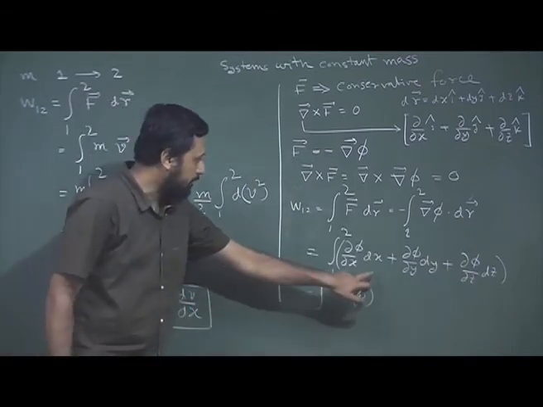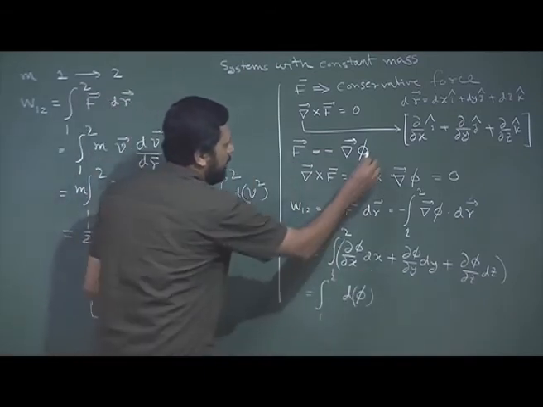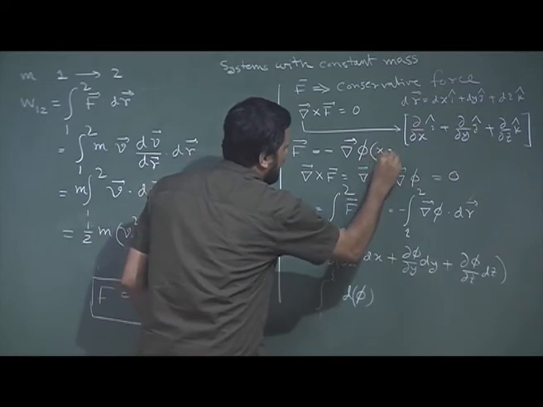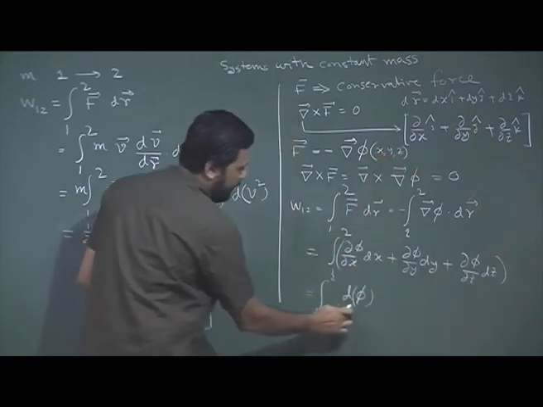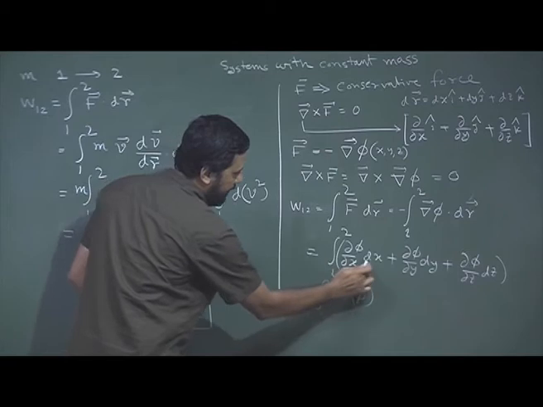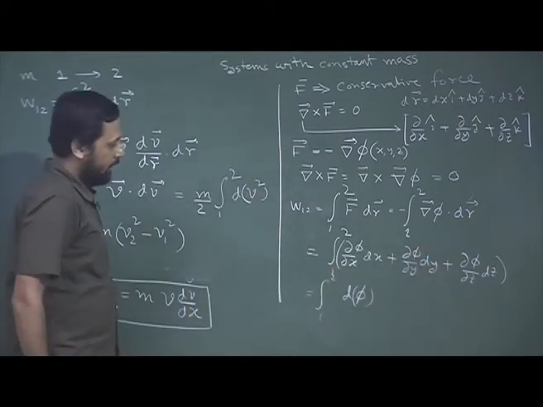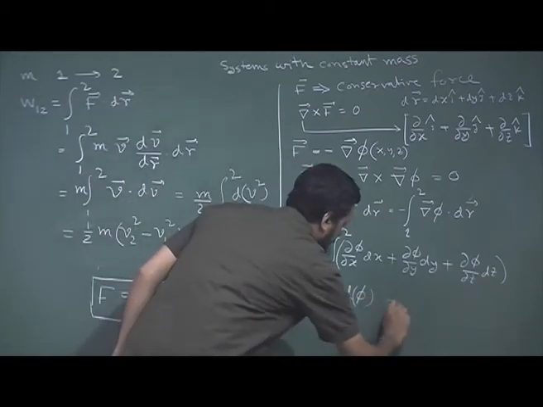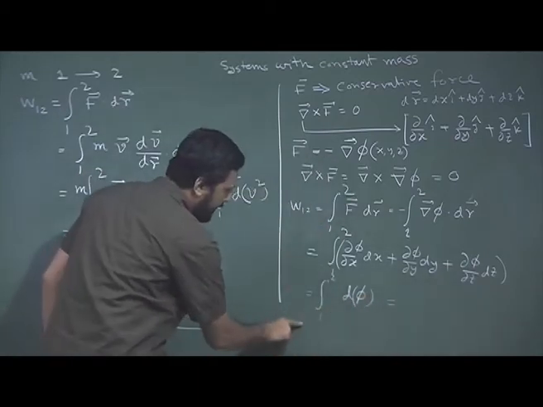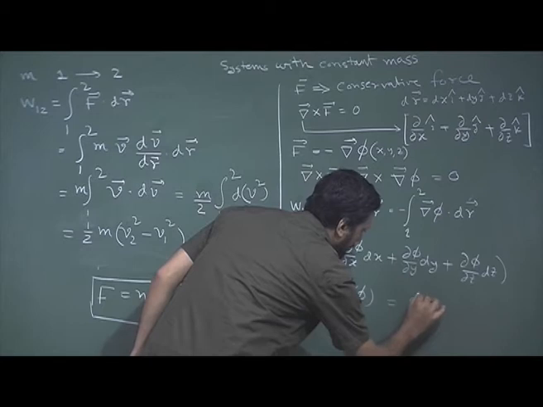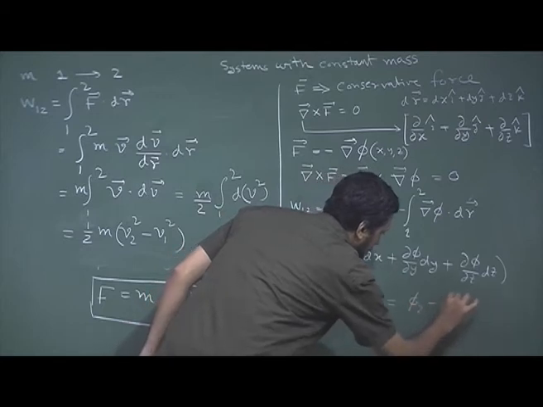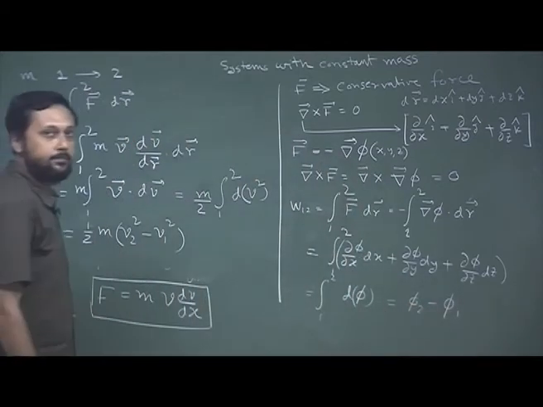Phi being a function of x and y and z, please remember this, d phi is del phi/del x dx plus del phi/del y dy plus del phi/del z dz. So, the integration will essentially give us phi 2 minus phi 1.